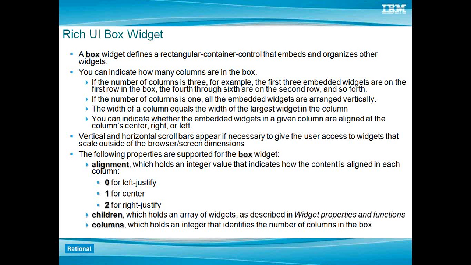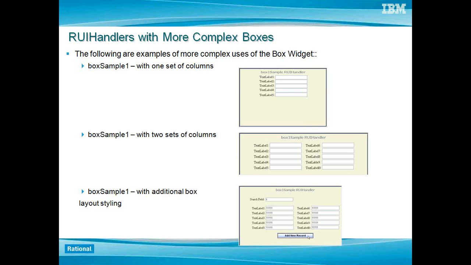We have the box widget. Box widget is similar to an HTML table, where we put our different widgets in different cells in different positions. Here we have an example of this box. We have a box with columns 1, 2, 3, 4, 5.